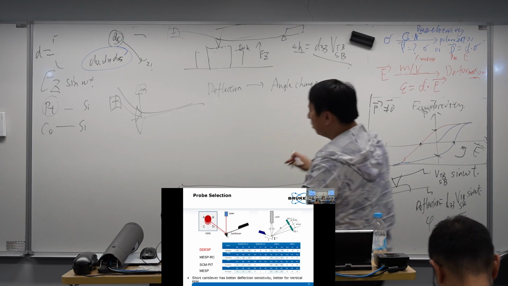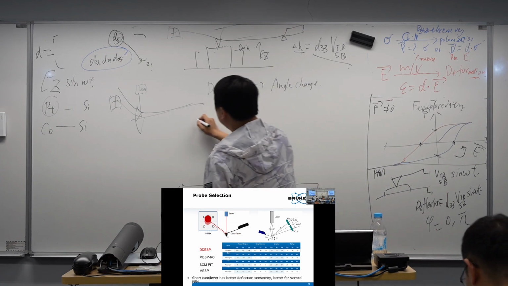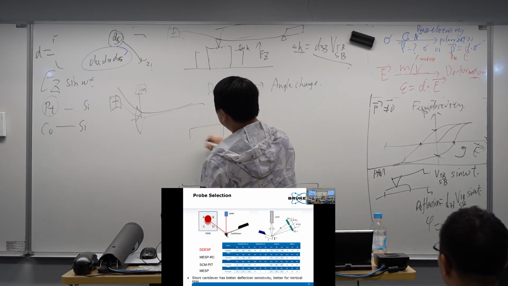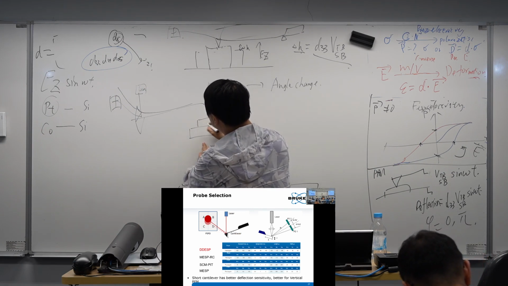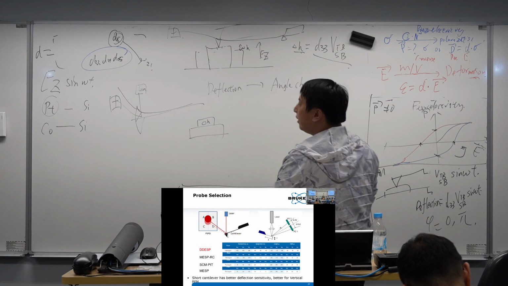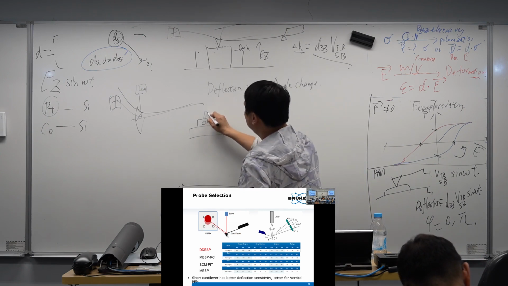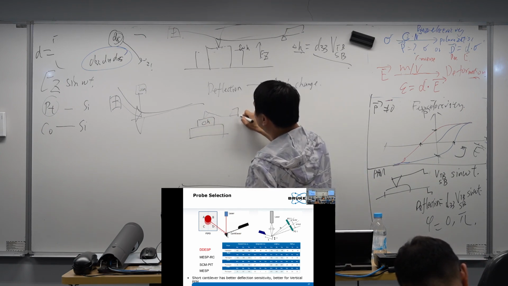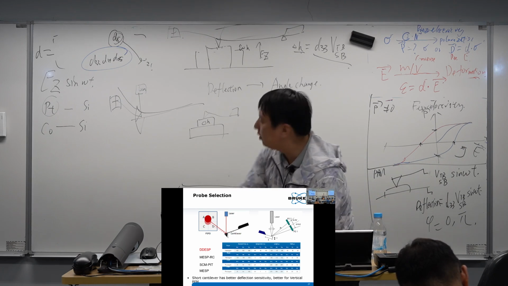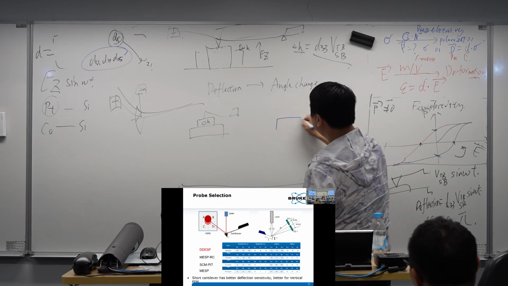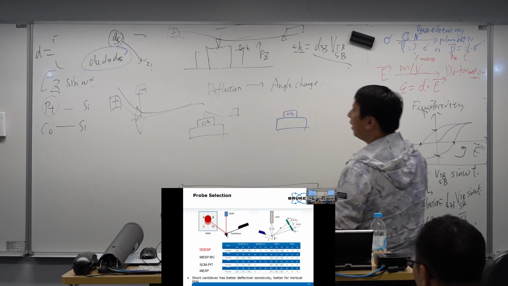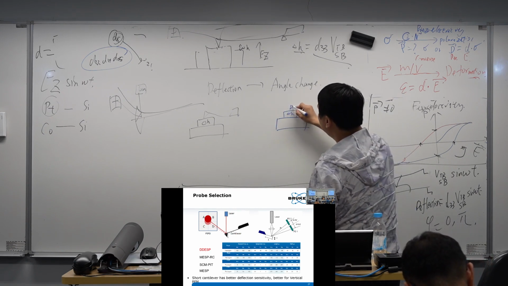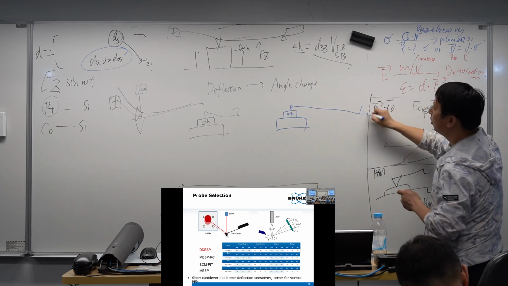Let's consider this way. This is the sample, and it changed by delta H, and here is a short probe. In another case, this is the sample with the same delta H, and I have a quite long probe.